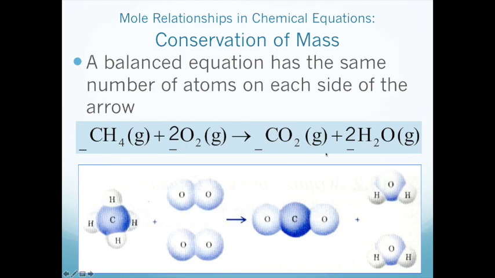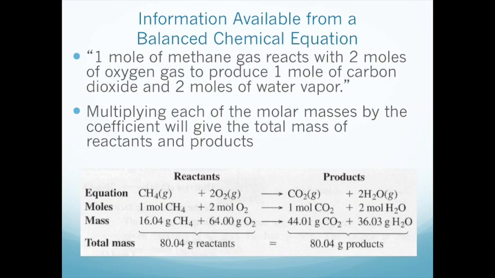This is a review of what we did last week, but we're going to get deeper into how to use these facts effectively. So, 1 mole of methane gas reacts with 2 moles of oxygen gas to produce 1 mole of carbon dioxide and 2 moles of water vapor. That's how that reaction would be read.